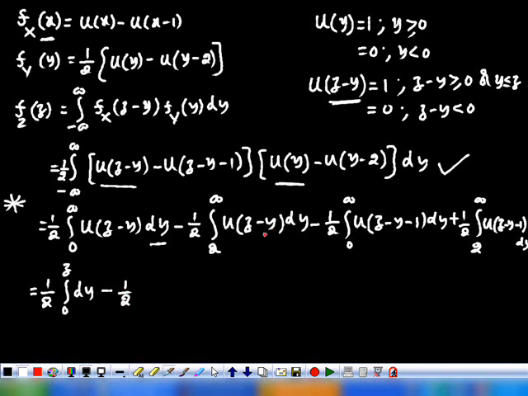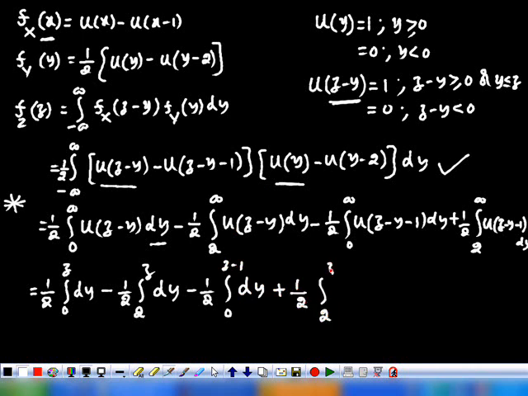Here, u of z minus 1 is again less than, so the integral from 2 to z of dy, minus 1 by 2 times the integral from 0 of u of z minus y minus 1. Therefore, y should be less than z minus 1, so the limit is z minus 1 dy, plus 1 by 2 times the integral from 2 to z minus 1.